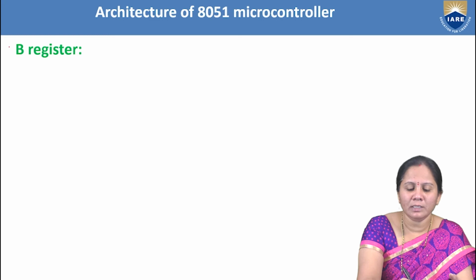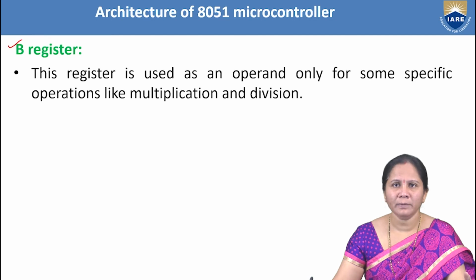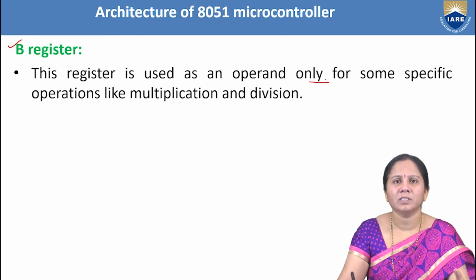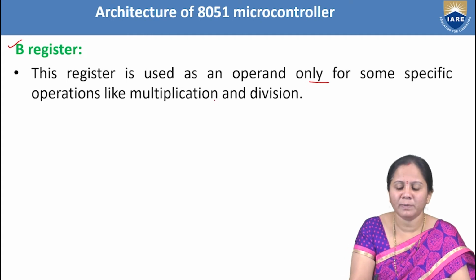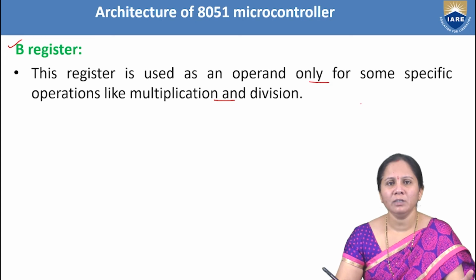Another register is the B register, which is also called the base register. This is also an 8-bit register. It is used as an operand only for specific operations like multiplication and division. If you perform an 8 by 8 multiplication, the result will be greater than 8 bits.